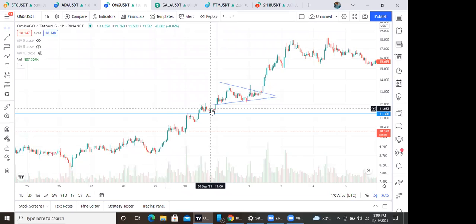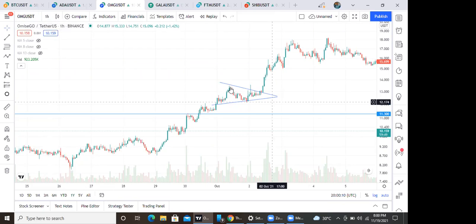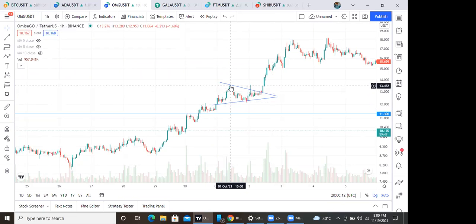All right, this was what I spotted: one example of a pennant pattern on our chart, in the chart of OMG USDT. Now you can see this is our first low, our first high, our second low, our second high.